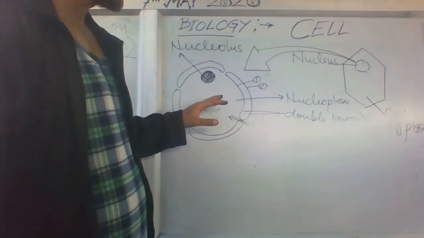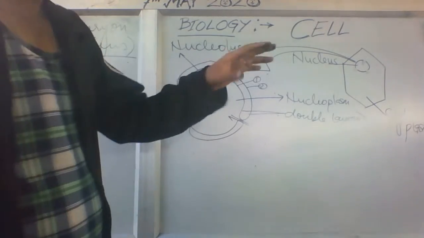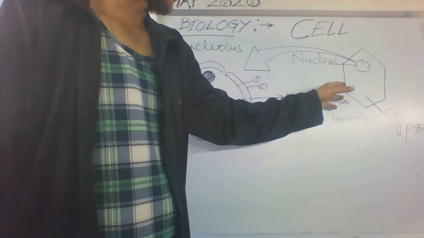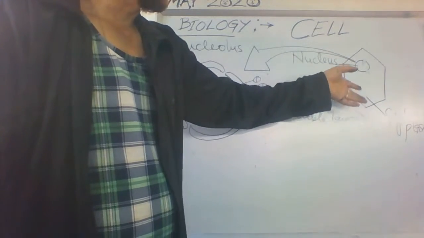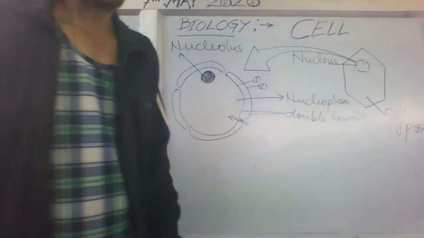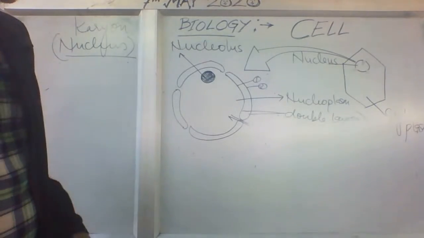The nucleus is responsible for the creation of a new cell. When a cell divides into 2 parts or 4 parts or 100 parts, the nucleus is responsible for that. So we have seen that the nucleus is a very important part.